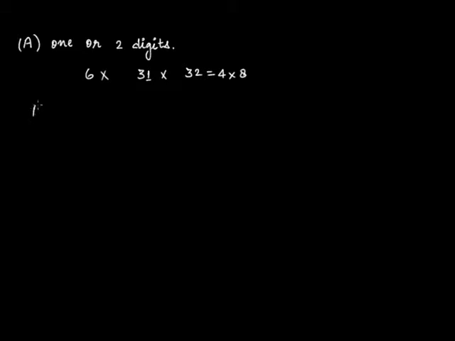Now the second condition, that's the main condition, and that's a trick, or say the shortcut, to tell whether any number is divisible by 4 or not.